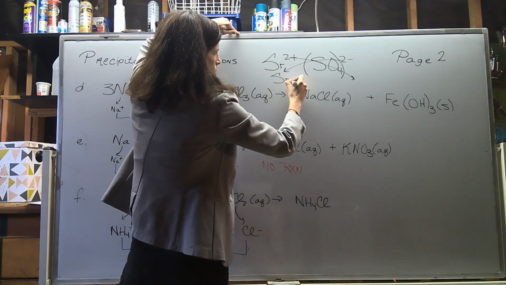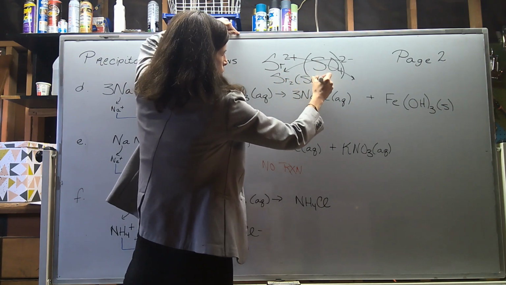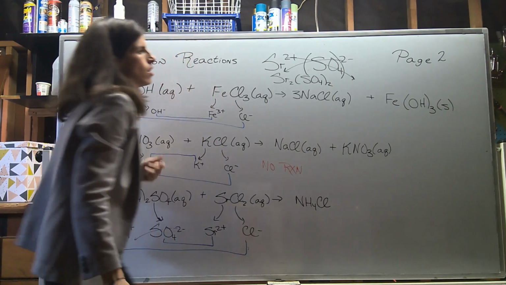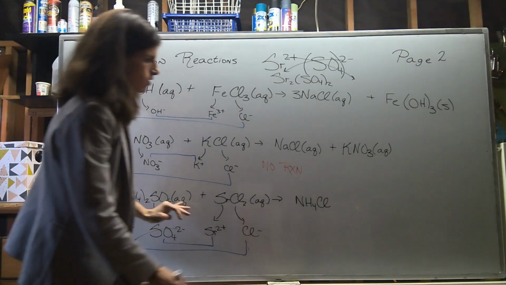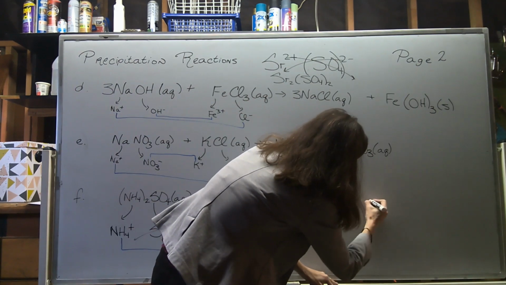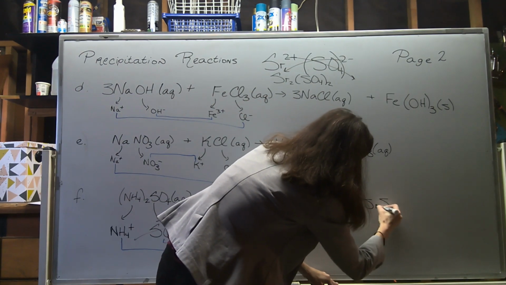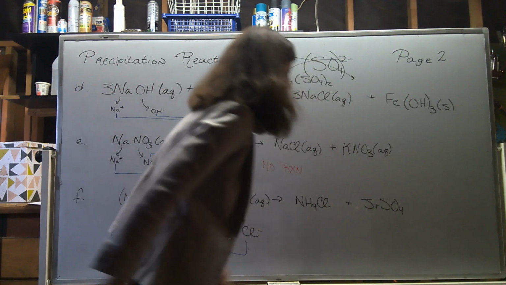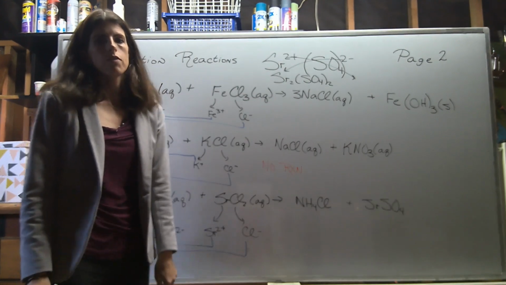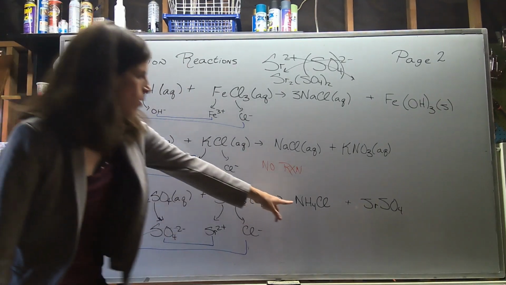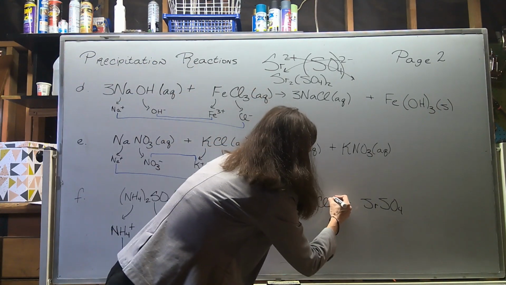So Sr2(SO4)2. But the 2's can be reduced down and I can get rid of the parentheses. So this is going to be SrSO4 at the end of the day, because I reduced the 2's, and with 1's you can get rid of parentheses. Ammonium, always soluble.